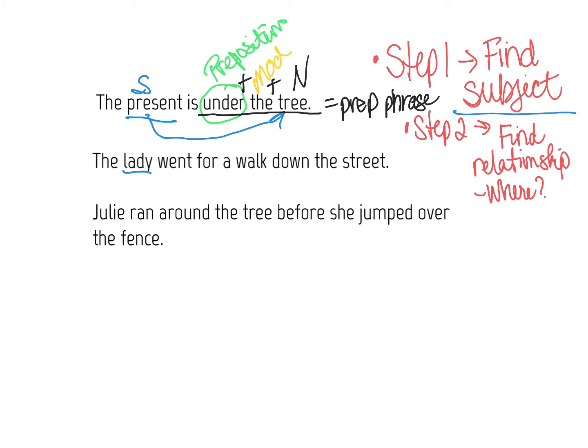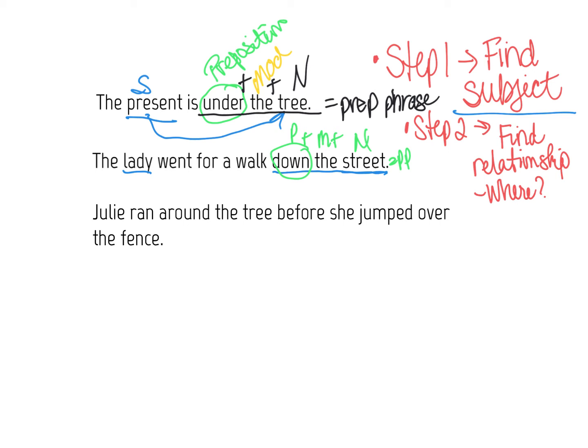So where is the lady in relationship to the street? She is down the street. Down is my preposition, and I underline the whole phrase because see, I have my preposition plus my modifier plus my noun, which equals prepositional phrase.